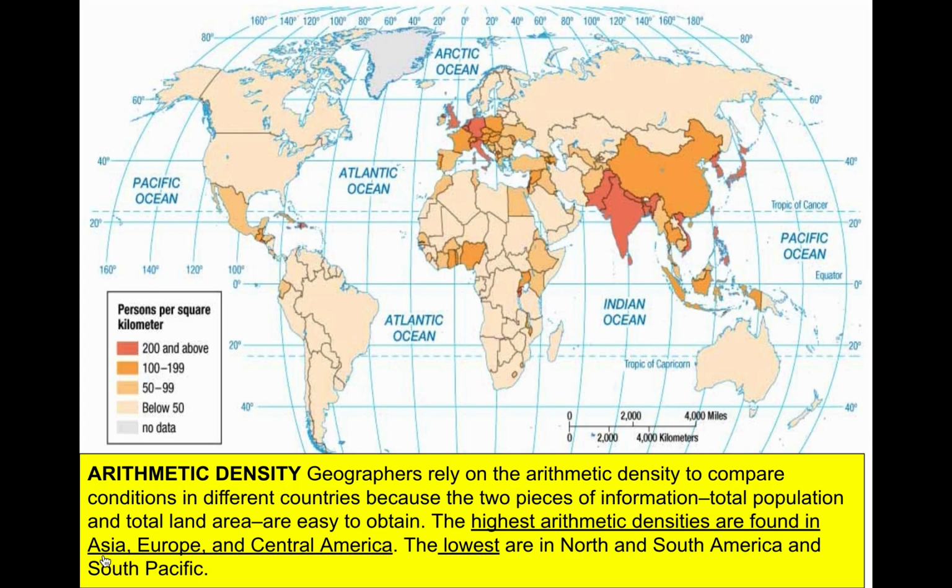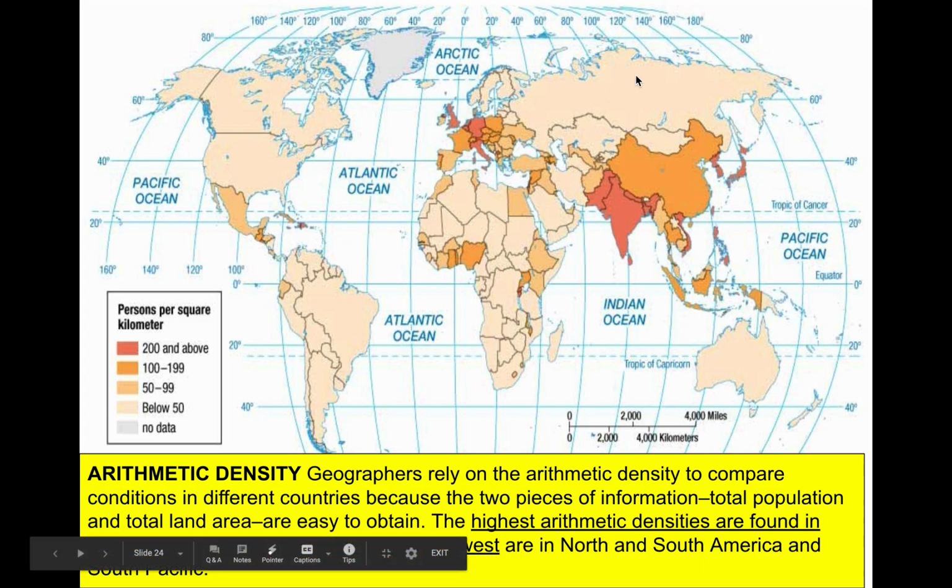Population densities are also fairly high in the Western Hemisphere, in Central America. The lowest arithmetic densities are in North America, South America, the South Pacific, Australia and New Zealand, and also Eurasia, the Russian Federation.